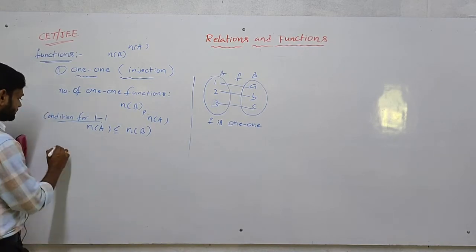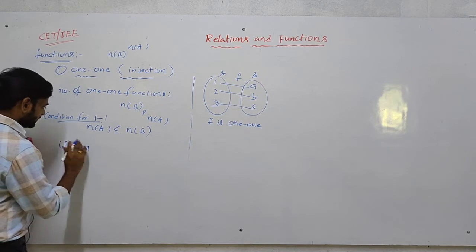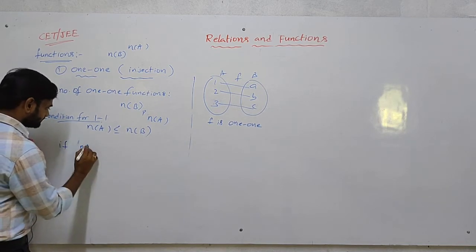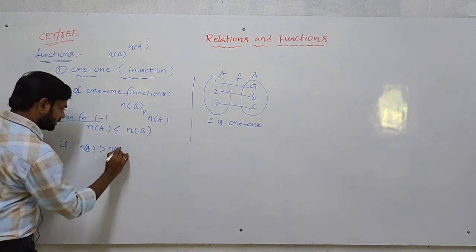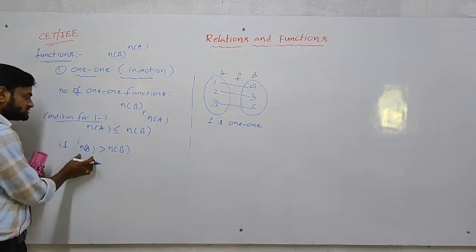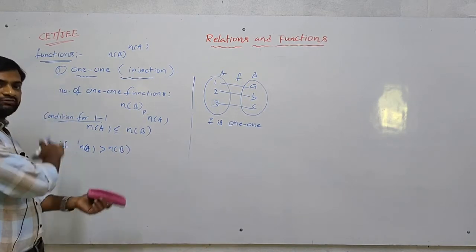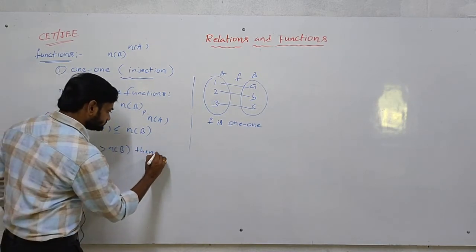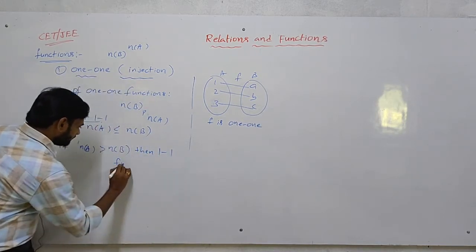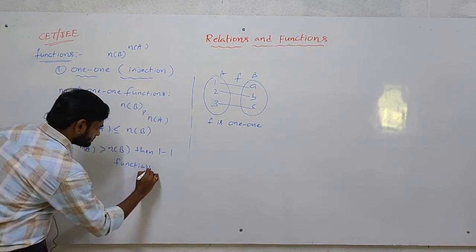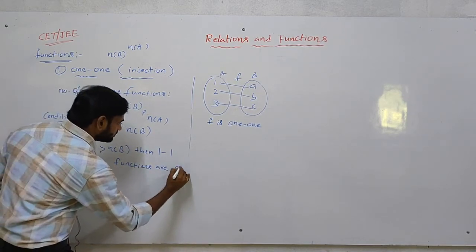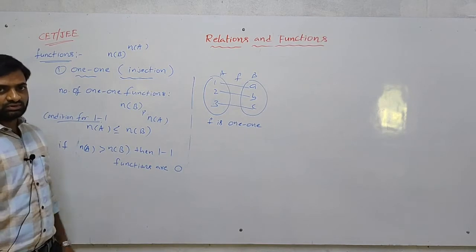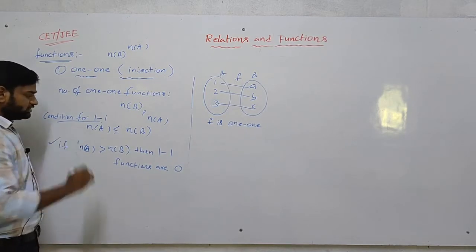Suppose n of A is greater than n of B, the number of elements in A are more than the number of elements in B, then 1-1 functions are 0. Careful here.